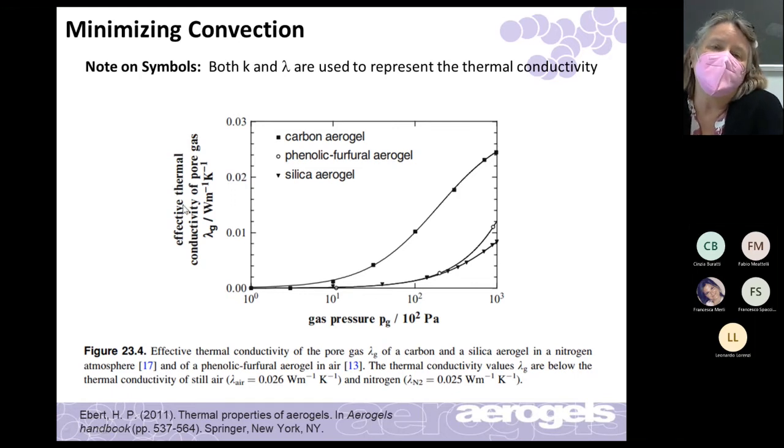But this is a plot showing thermal conductivity of a carbon aerogel, a phenolic aerogel, which I don't really know what that is, and a silica aerogel. And here you can just see that great reduction in thermal conductivity. I believe this is in a nitrogen environment. And you've got thermal conductivities below that of the nitrogen itself, which is about up here.